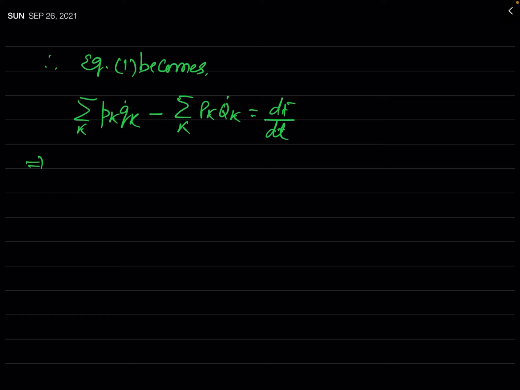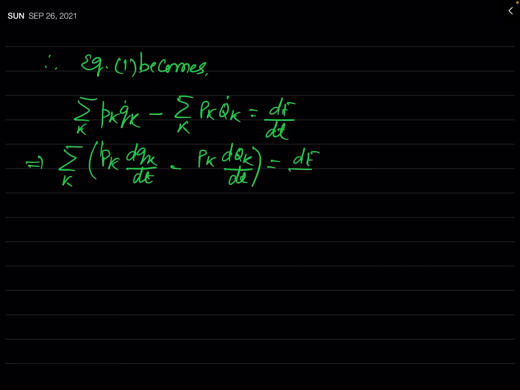Now let us simplify this result to some extent. You can write this expression on the LHS as summation over k pk dqk by dt minus capital Pk dQk by dt, and this is equal to dF by dt.